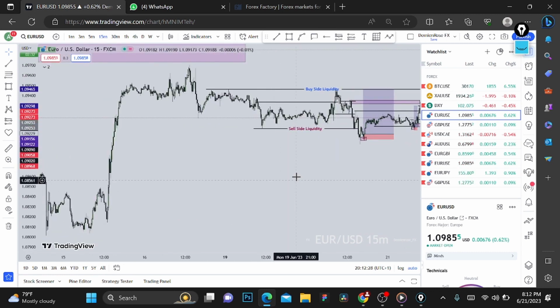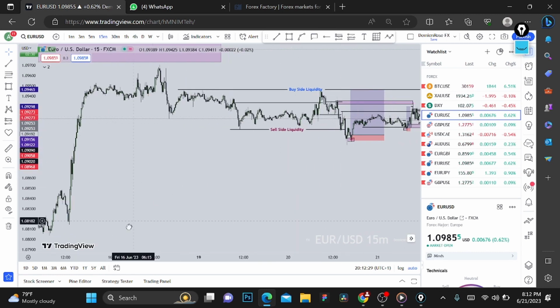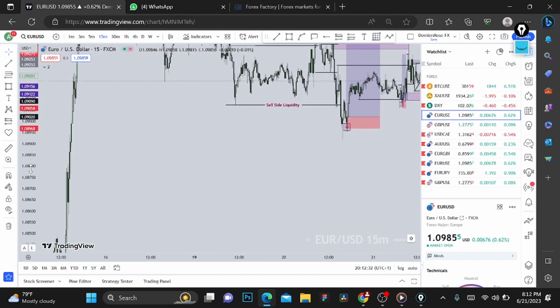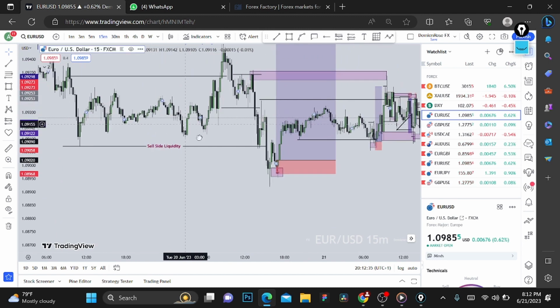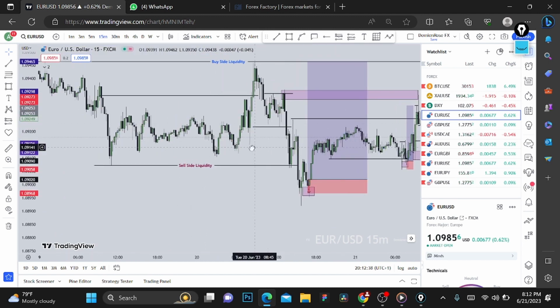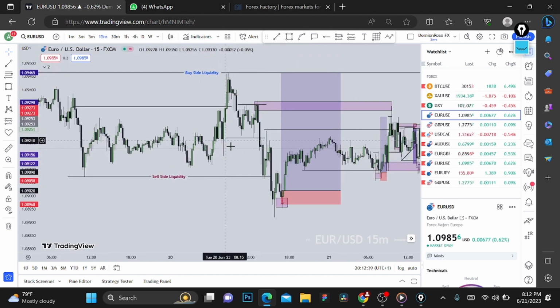So just looking at this chart on the 15 minute, what can we see? Definitely, this was yesterday's trade we took, which I will explain to you now. There's a lot of sell side liquidity here. The market built sell side liquidity here: equal lows, equal lows, equal lows, and a little bit of trend line.